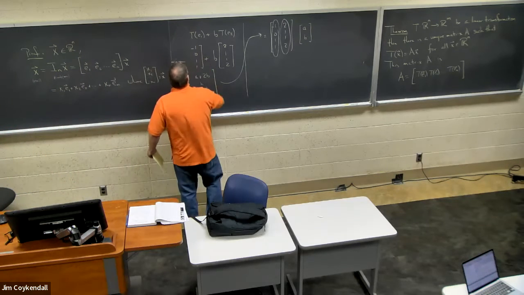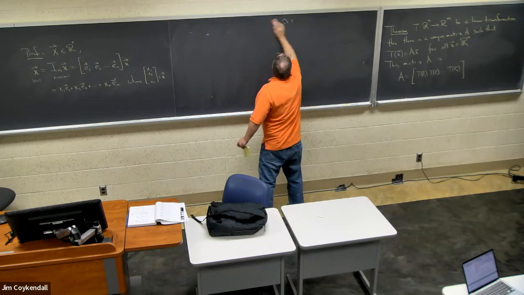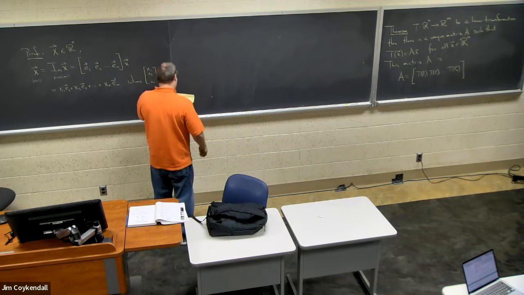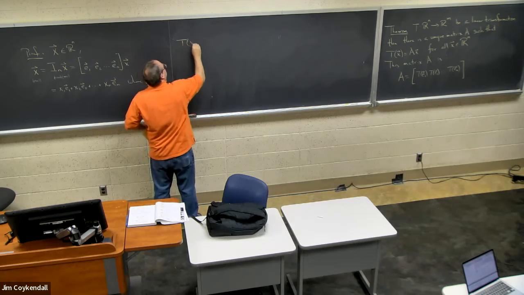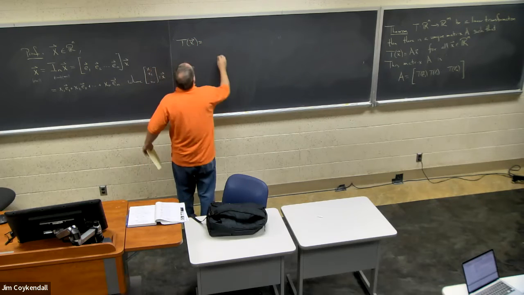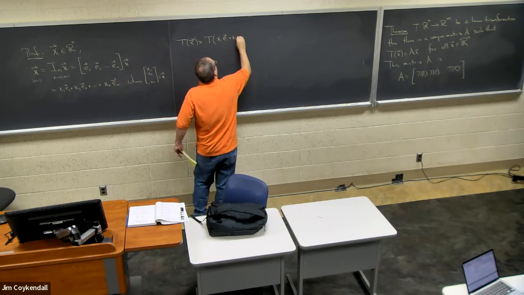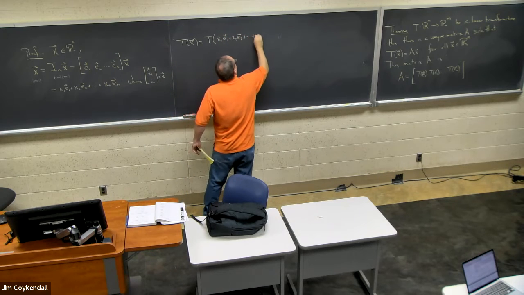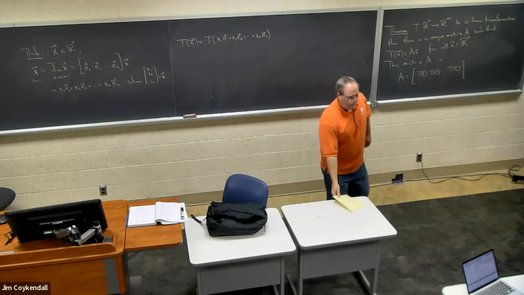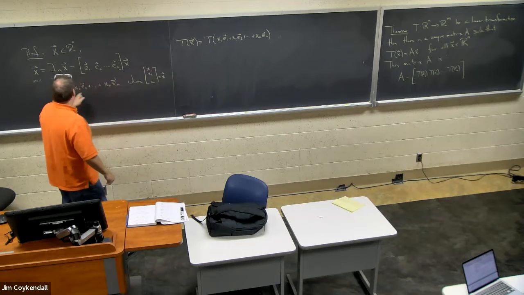So now I am prepared to verify that my matrix here works. So let's look at T of X. Well, now I know what X is. This is T of X1 E1 plus X2 E2 and so on, because this X vector is just this.